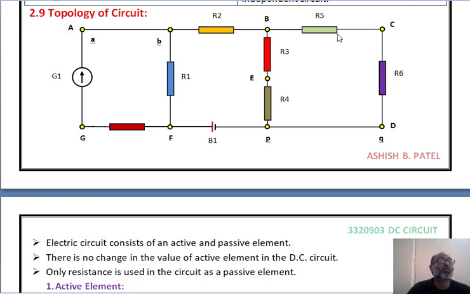It is most important. A branch is an element or set of elements connected between two nodes.